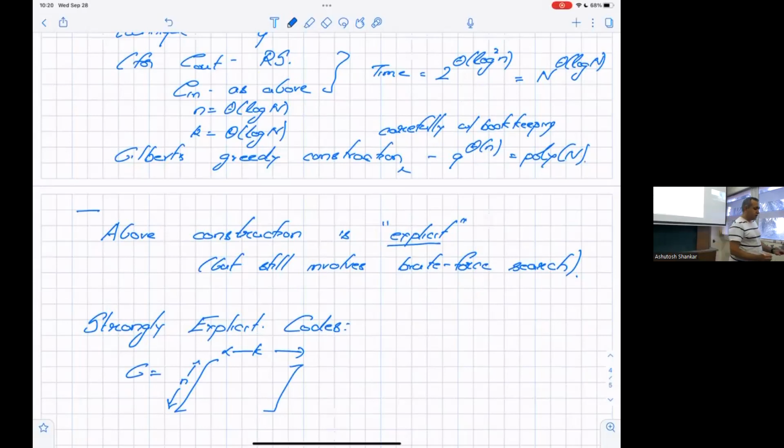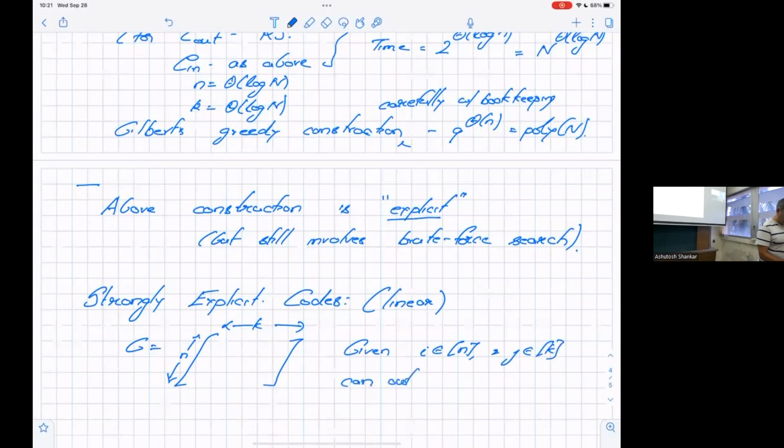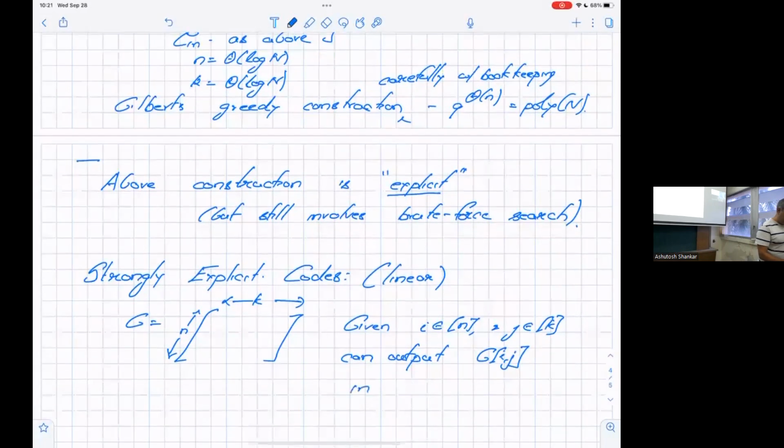So strongly explicit, and I'm going to define it only for linear codes, is this: given i in n and j in k, you can output G comma ij, the ijth element of this matrix, in time poly in the input, that is, poly in the bit representation of i and the bit representation of j.